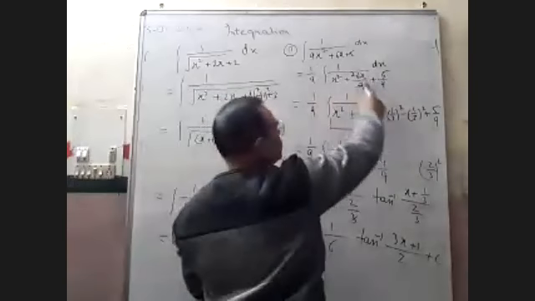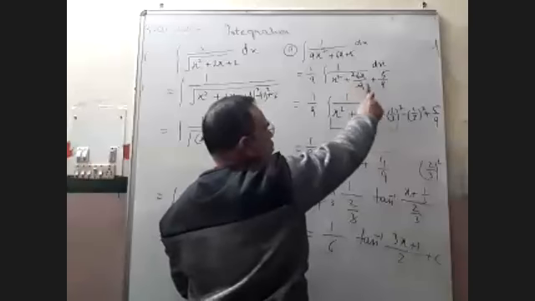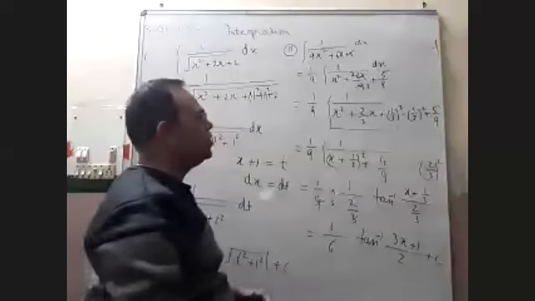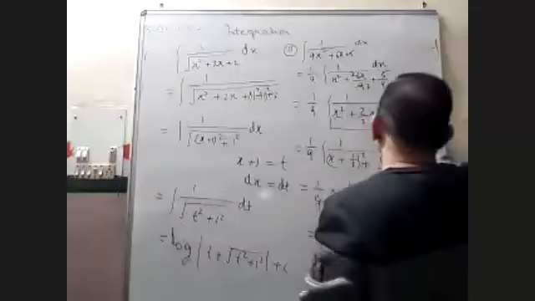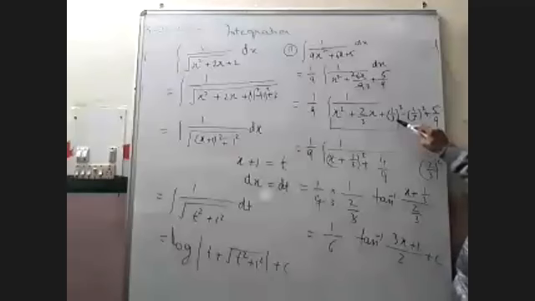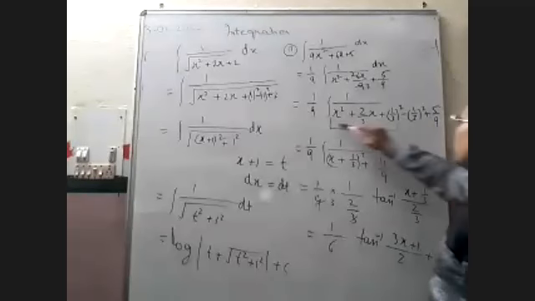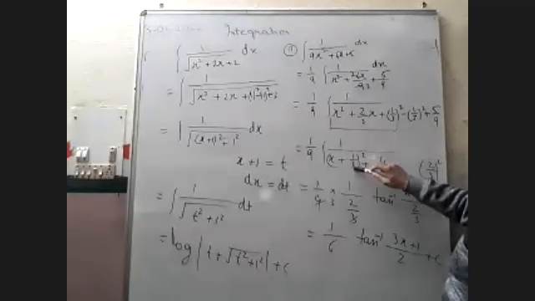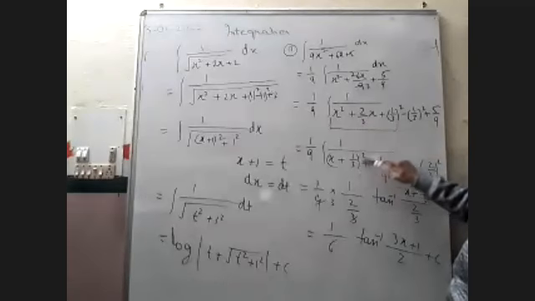If we divide 2 upon 3 by 2, what will we get? We get 1 upon 3. So we add the square of 1 upon 3 and subtract it also, because we cannot change the value of the expression. So after that, this expression becomes a plus b whole square, x plus 1 upon 3 whole square.